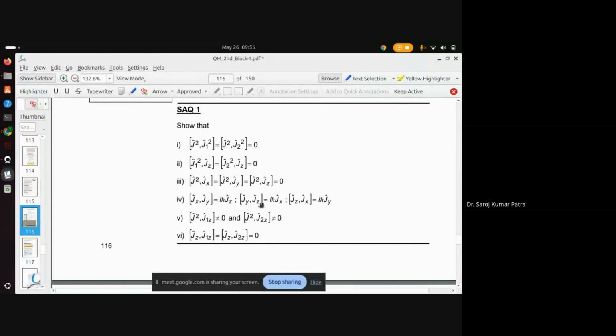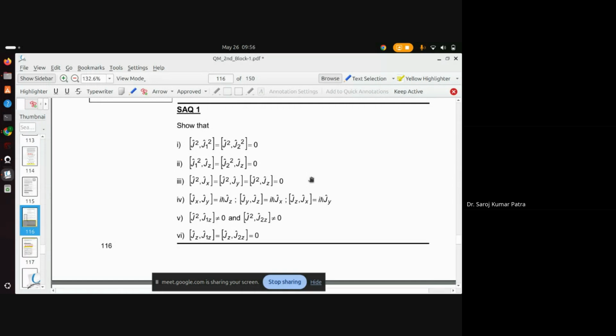ये जो क्वेश्चंस यहाँ पे दिए हुए हैं, SAQs, these are very important. So solutions are also given at the end. So I would suggest all of you to practice these commutator relations of total angular momentum, orbital angular momentum, and spin angular momentum.